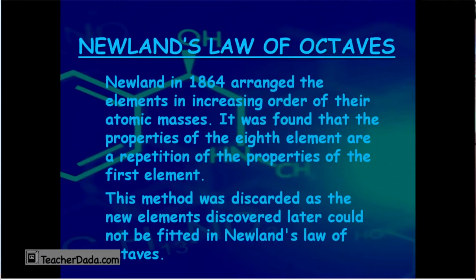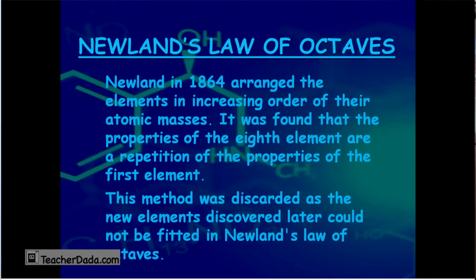Another scientist, Newlands, gave Newlands' law of octaves in 1864. He arranged the elements in the increasing order of their atomic masses. It was found that the properties of the 8th element are a repetition of the properties of the first element. As we have the notes in music, sa re ga ma pa dha ni sa.